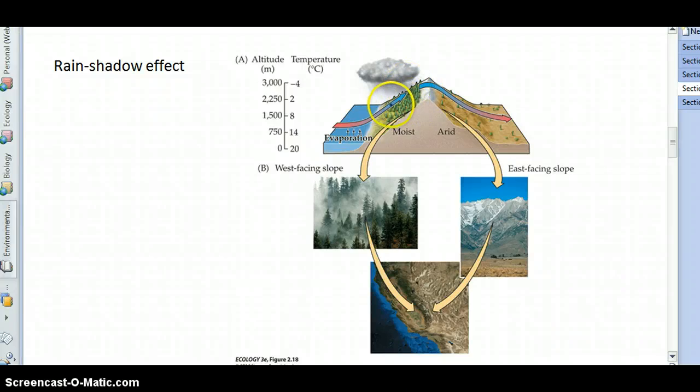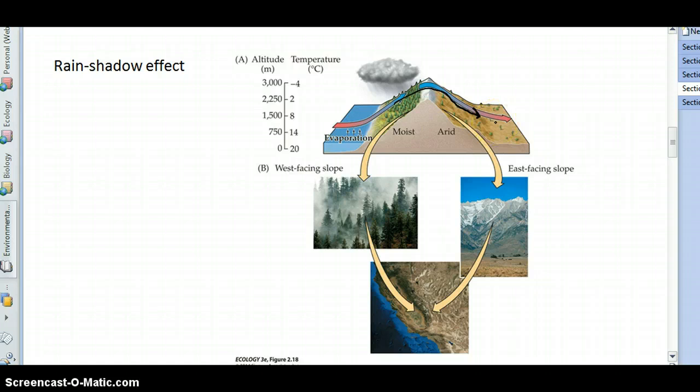So on what you would call the windward side of the mountain range, you get a lot of precipitation. A lot of moisture is lost from the air. And so as the air goes over the mountain and comes back down, it is now drier air and it's also warming up.